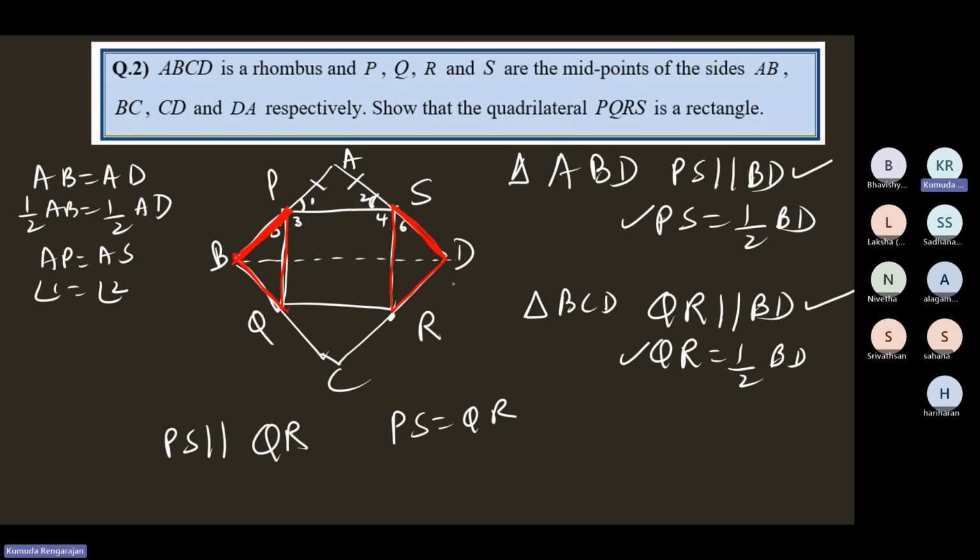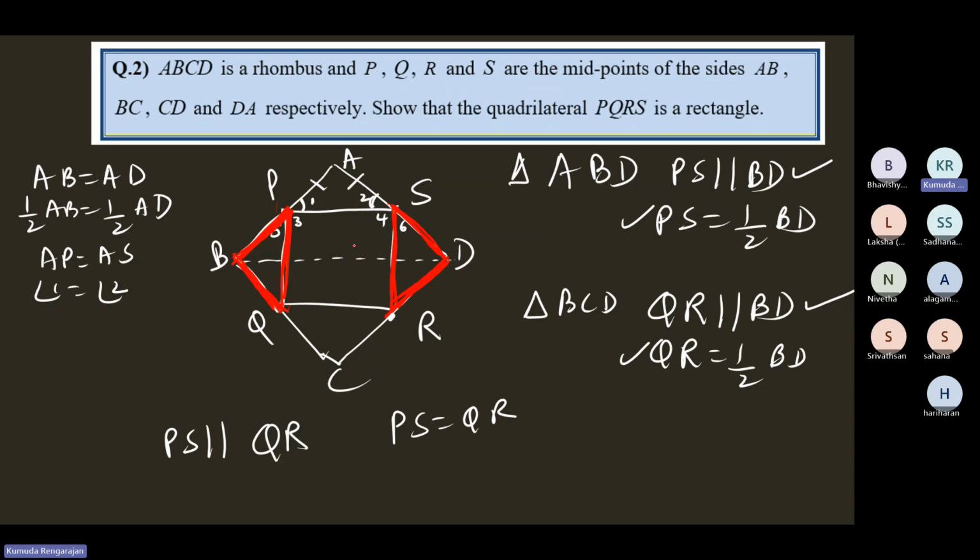Same reason, BQ is equal to DR. BQ of this triangle is equal to DR of this triangle. And then PQ is equal to SR, because we've already proved that PQRS is a parallelogram, and in a parallelogram, opposite sides are equal.